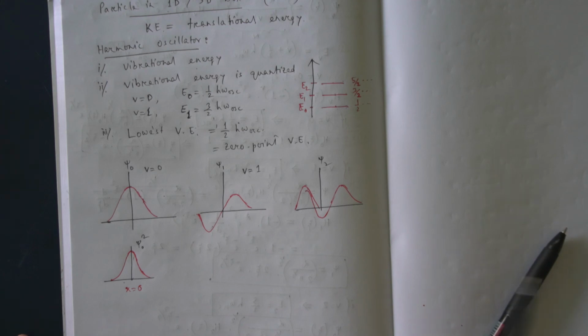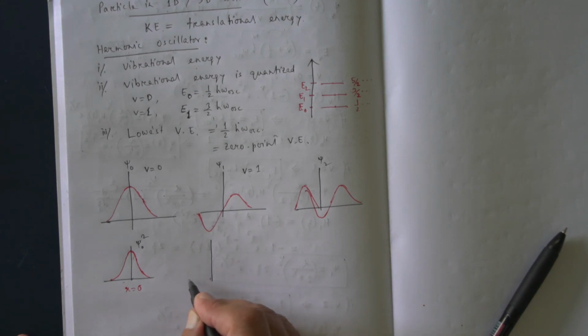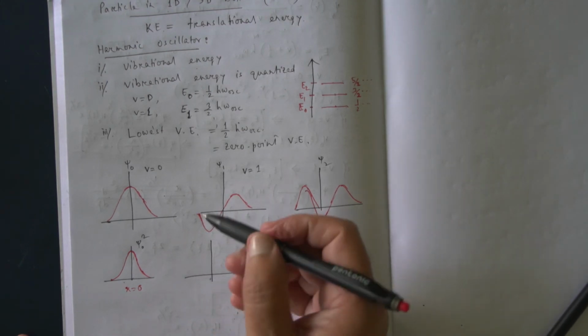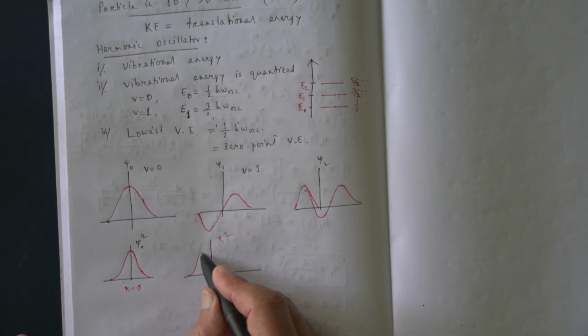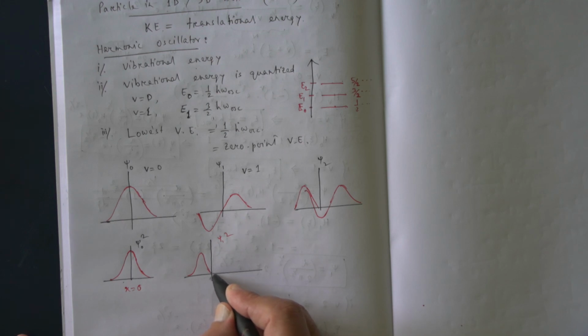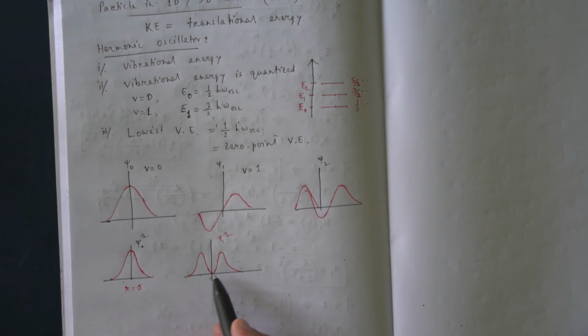Now if we plot psi 1 square, it will be like this, with maximum probability here and here.